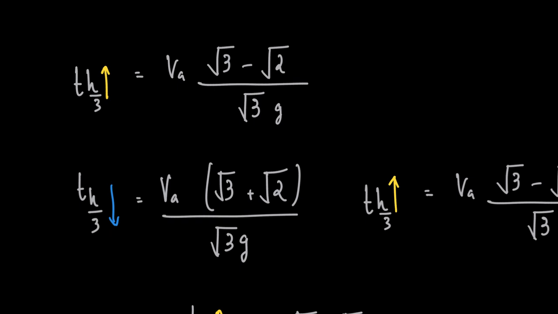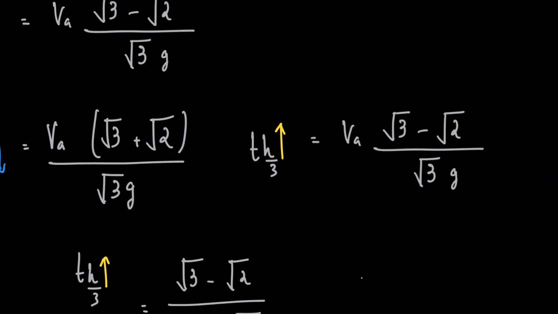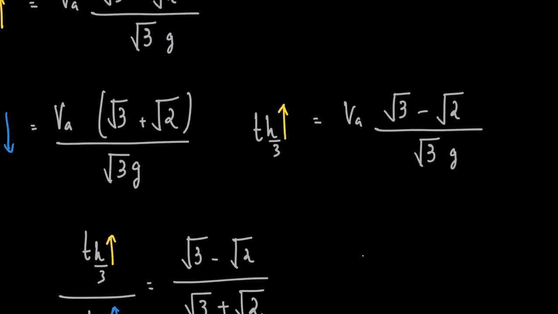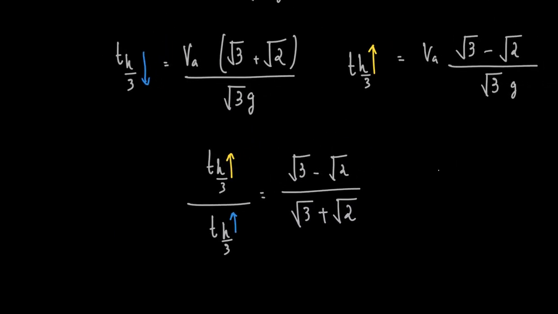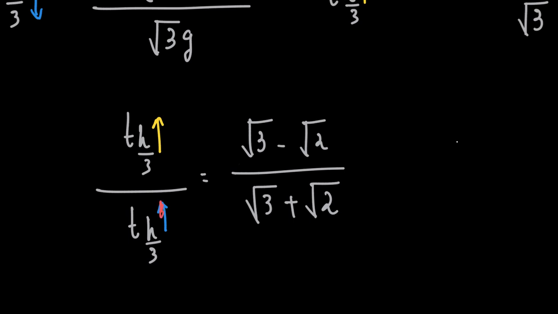Time to reach H by 3 downwards is VA into root 3 plus root 2 by root 3G. Okay. Now, taking the ratio, what we get is root 3 minus root 2 by root 3 plus root 2. Wait, what is the arrow mistake here? Yeah, this is not upwards, this is downwards.